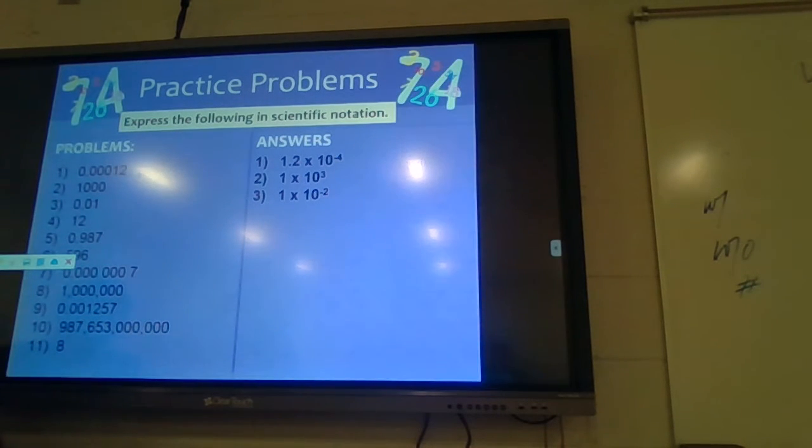Okay, what about this next one? So I'm going to put my decimal here because that gives me a number between 1 and 10, greater than or equal to 1, but less than 10. So I move my decimal 2 places over to the right. 1, 2. And since I moved it to the right, my exponent is negative.